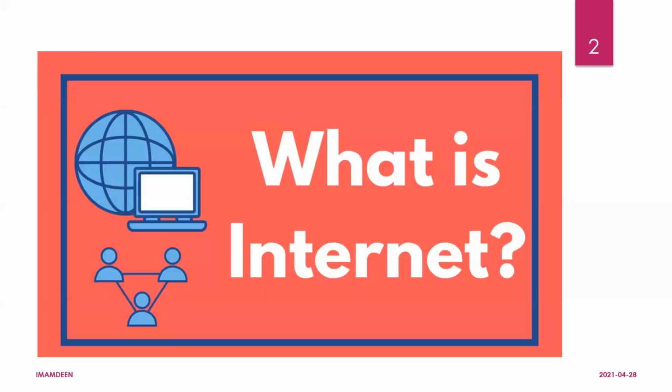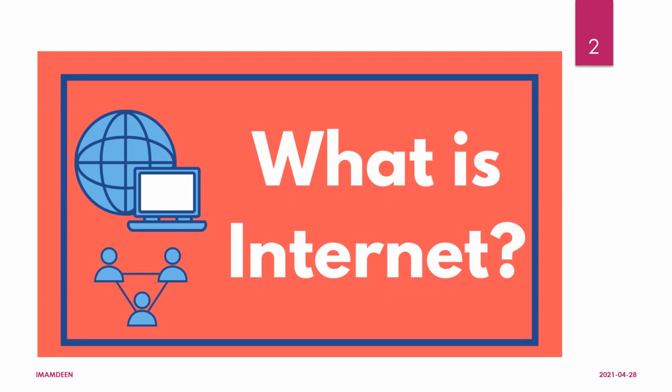What is internet? Can you people say me? So internet, it's a global system of interconnected computer networks that use internet protocols. Normally the internet or worldwide web, right?